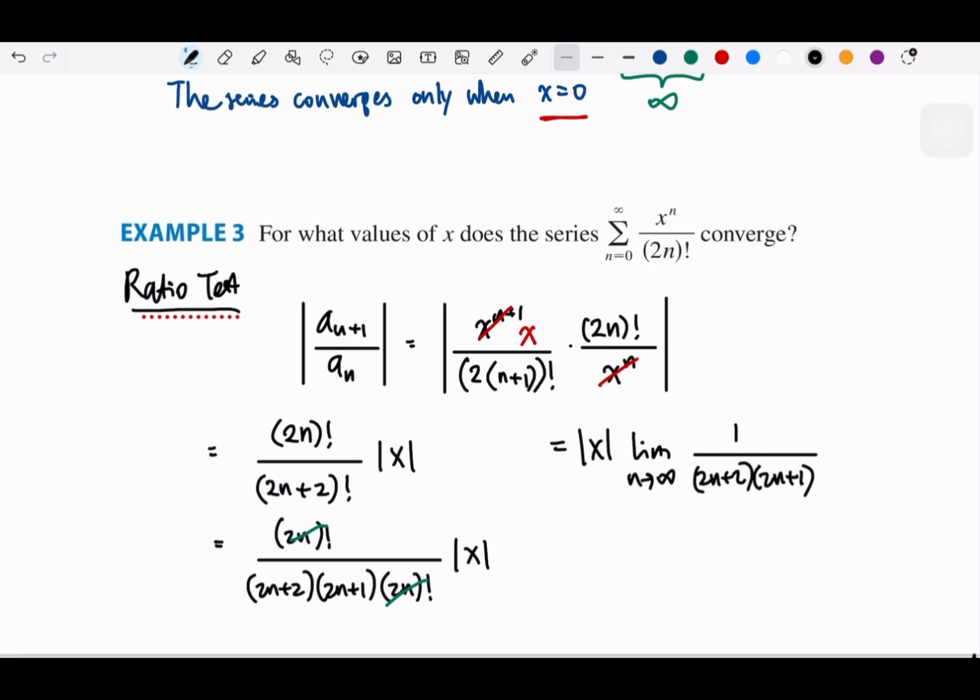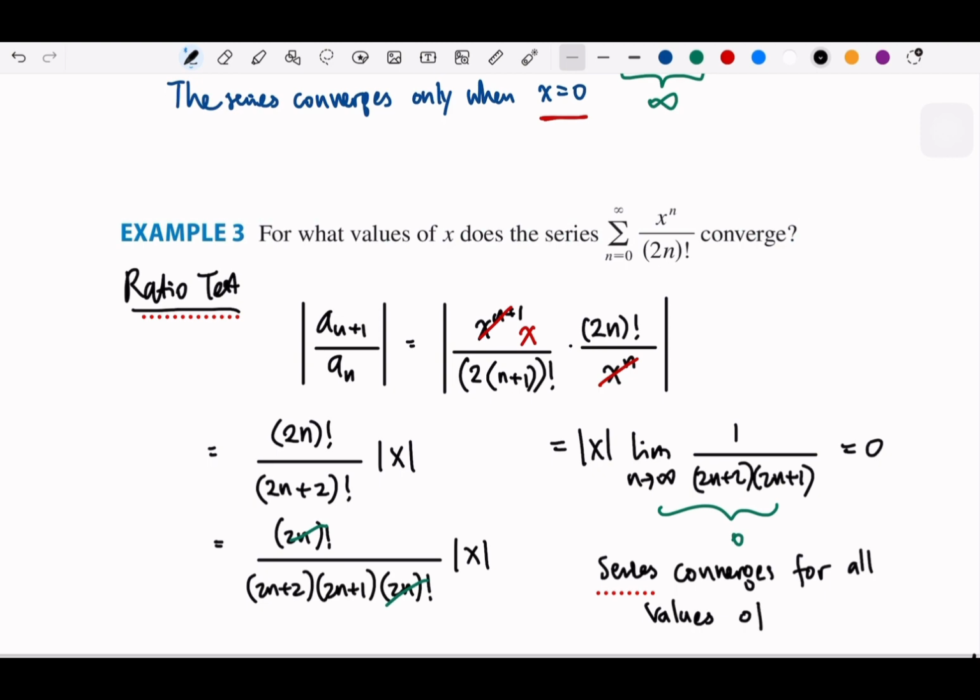The limit is already 0. So we could write that since this is equal to 0, the series converges for all values of x.